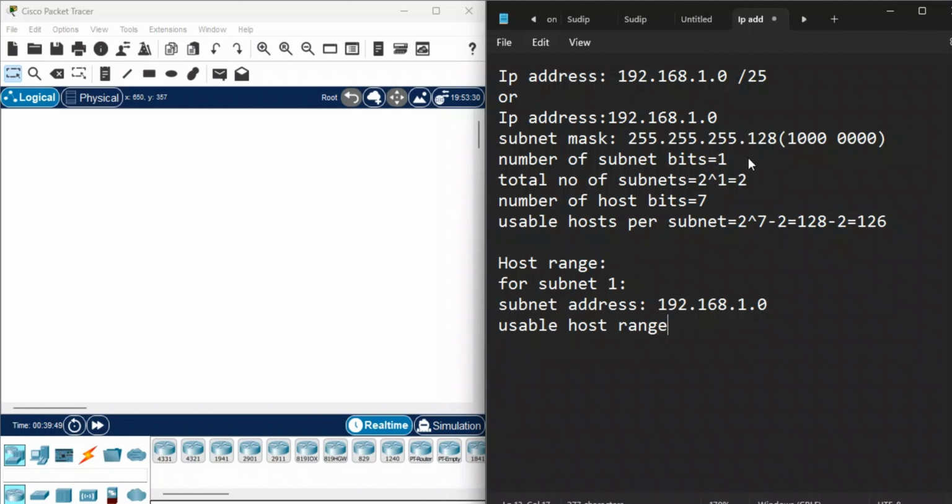Usable host range is 192.168.1.1 to 192.168.1.126. Broadcast IP is 192.168.1.127.